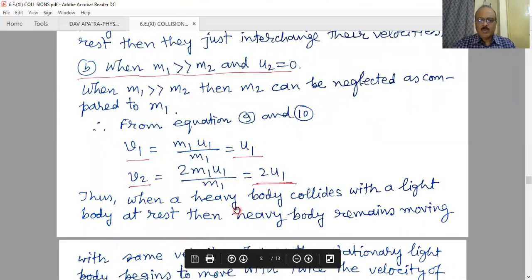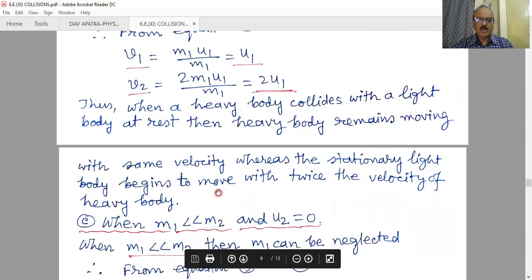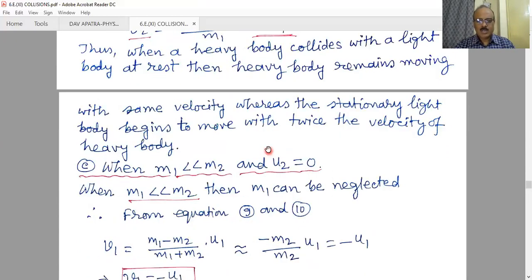Thus, when a heavy body collides with a light body at rest, the heavy body keeps moving with the same velocity, whereas the stationary light body begins to move with twice the velocity of the heavy body. That means it moves with double the velocity of the striking projectile object. Very interesting.